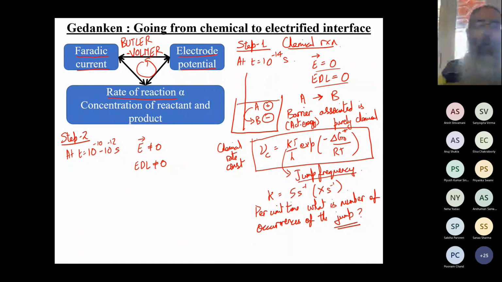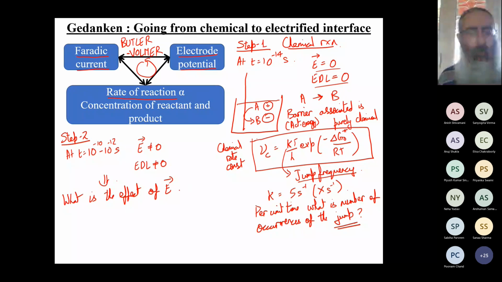That means we are now able to visualize the effect of the electric field, which in turn originates from the surface charges, starting to manifest itself across the interface. That means the interface is also now starting to react and thereby form the electrical double layer. Now the central question is, if we have a non-zero electric field, what is the effect of the electric field on the rate of the reaction?